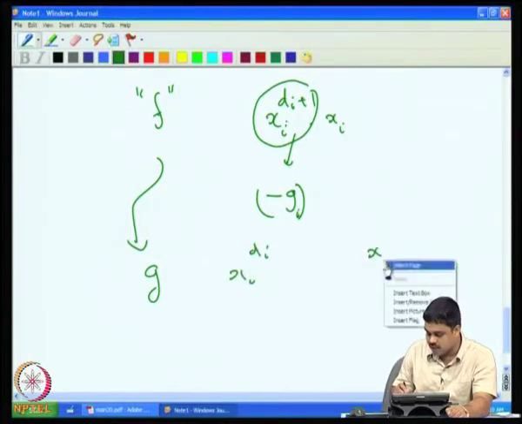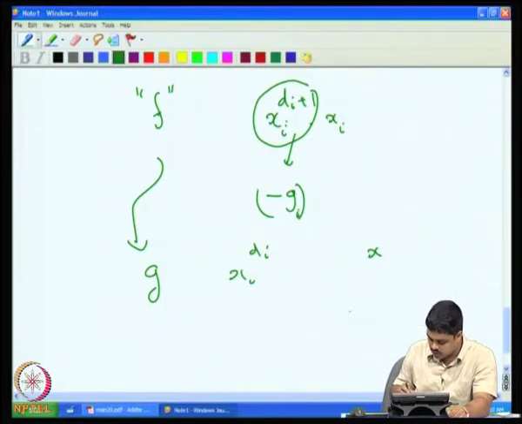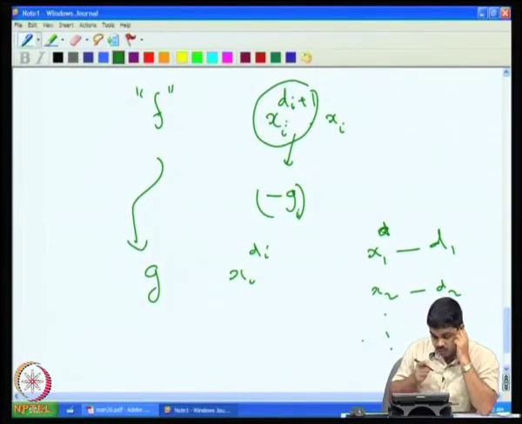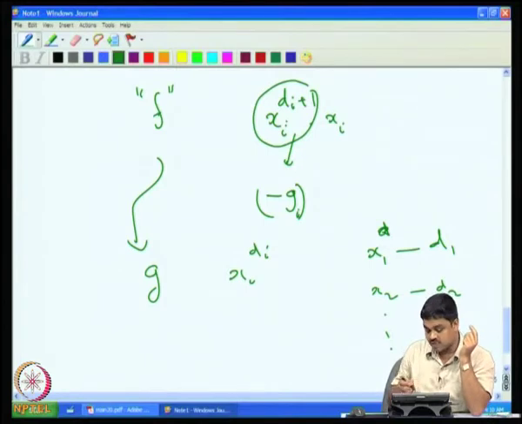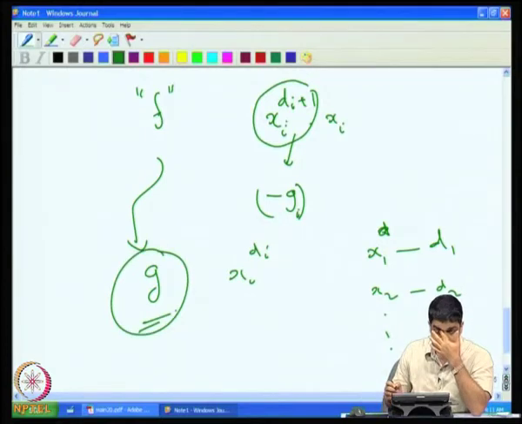That means x1's degree will be at most d1, x2's degree at most d2, and so on. This is the condition we want if we want to make use of the other theorem. In that statement we were not imposing that the degree of xi should be di alone, because we were allowing higher degrees also, but now we have reduced it to di. The final polynomial will have degree only this much.